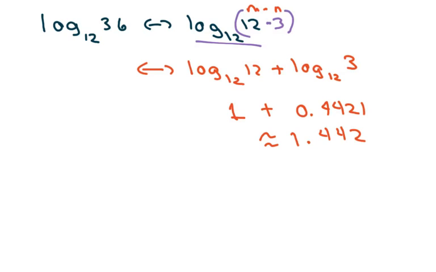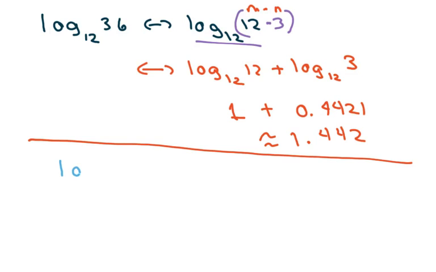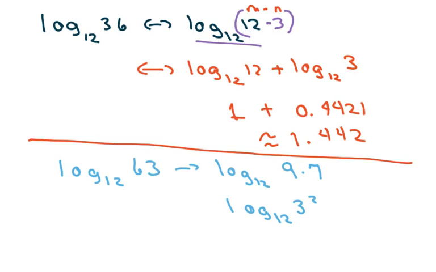Okay, the next one we have is log base 12 of 63. Now I can rewrite this as log base 12 of 9 times 7. We don't have a log base 12 of 9, but we do have log base 12 of 3, so I'm going to write this as 3 squared times 7.